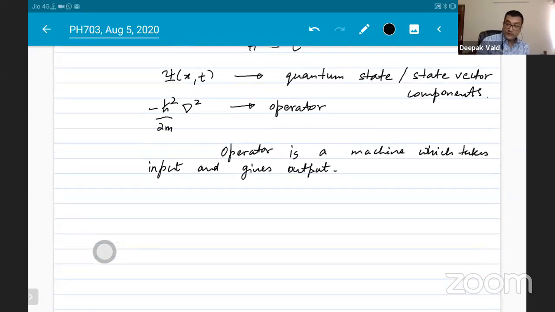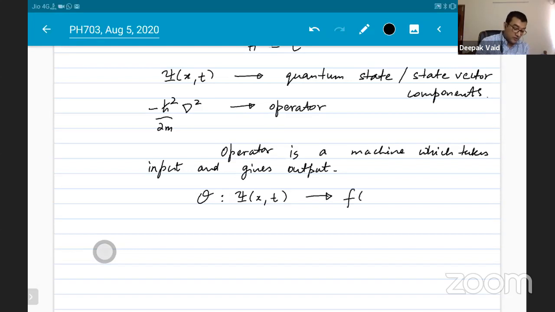In the context of the Schrodinger equation and quantum mechanics, if you have something that's an operator O, what is the input that it takes? The input it takes is some function, okay? And what is the output it gives you?